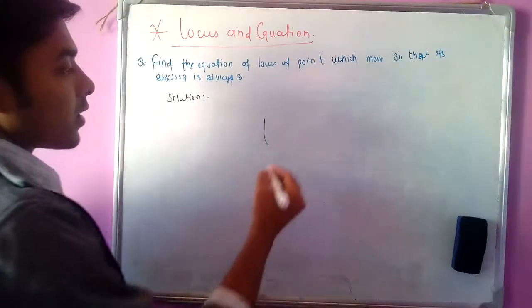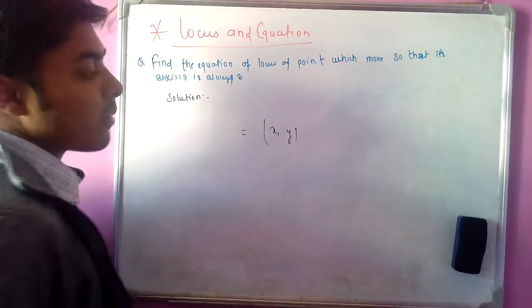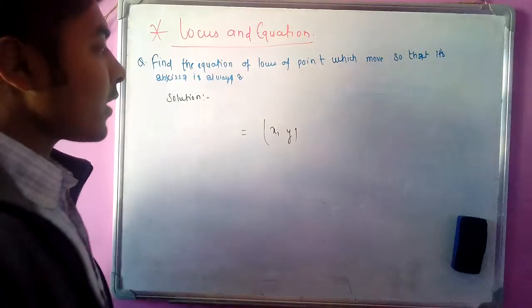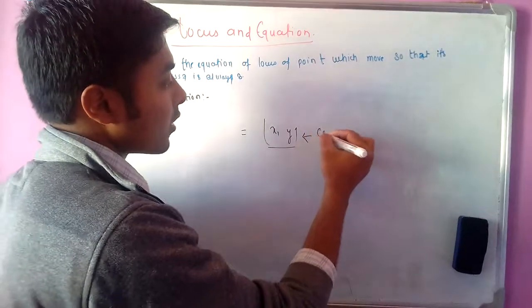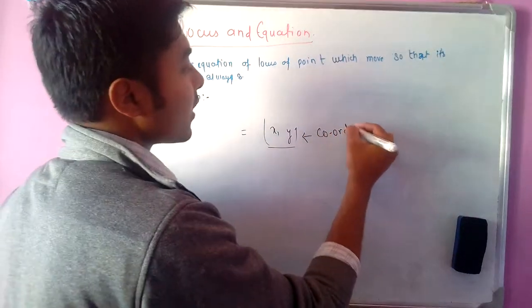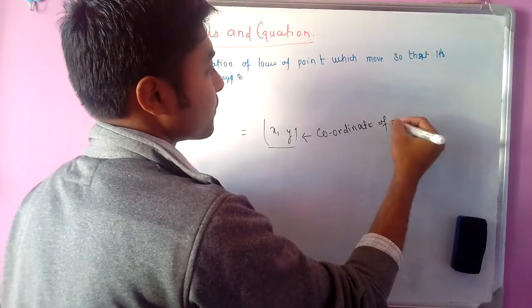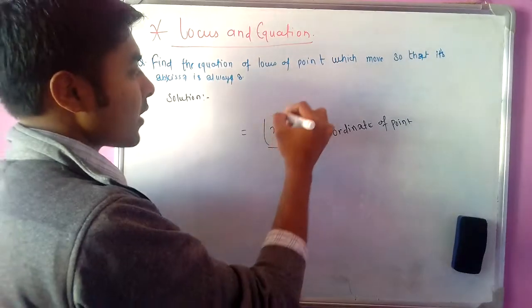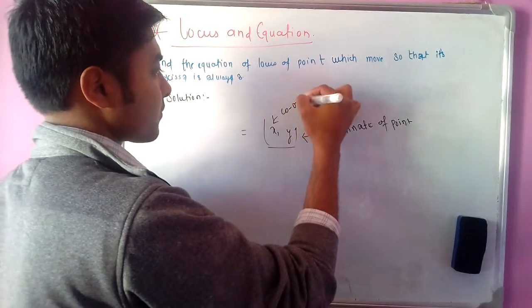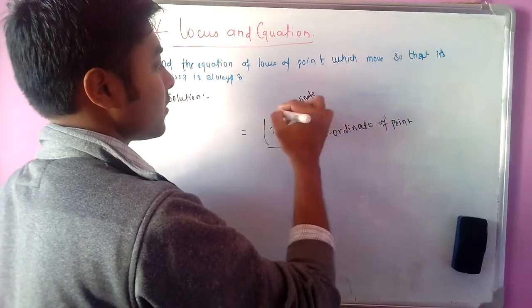In the coordinates of a point, this is the x coordinate and this is the y coordinate.